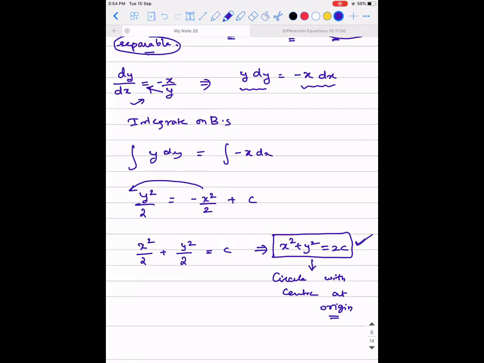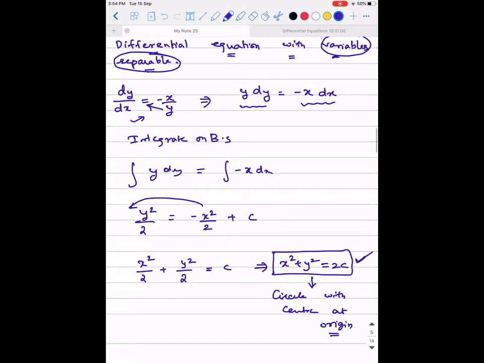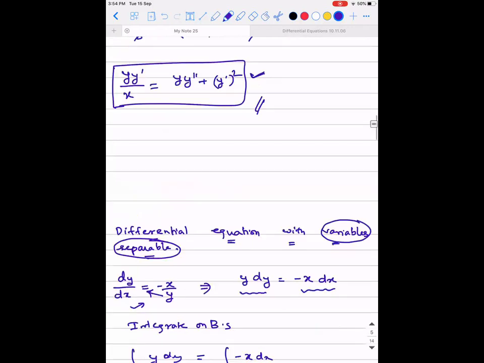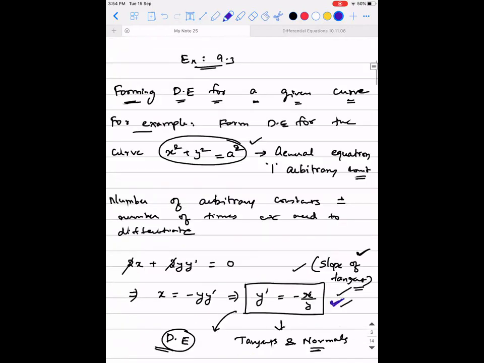Now see. The first question that we took is x square plus y square is equal to a square. In this context, that a square is given as 2c. Forget about a square. x square plus y square is equal to some constant itself represents the equation of a circle with center as origin.